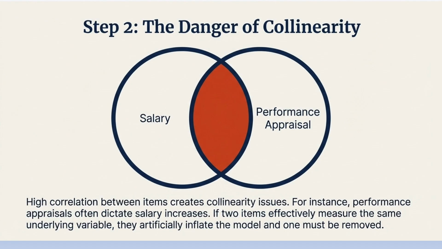The second step is collinearity. Why do we do it? Because collinearity means there is high correlation between the items. Now, for example, in our job satisfaction example, if I have taken salary, career advancement, work hours, and let us say peer support, superior support, and also performance appraisal, do you think any of these five to six items will come out highly correlated?